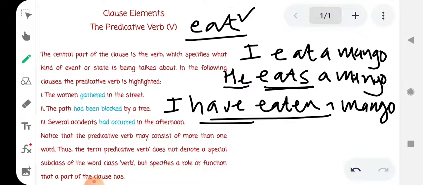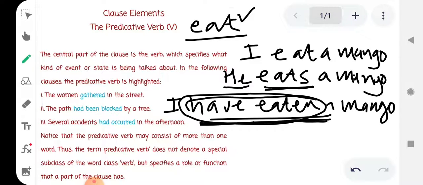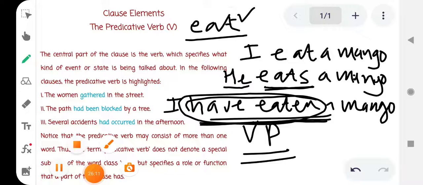So it changes its forms, and the whole accumulation of words is simply not called a verb, but is called the verb phrase. This is very important to understand. Okay, we'll stop today's lecture here. We will continue tomorrow, in the next lecture, with the next clause element.